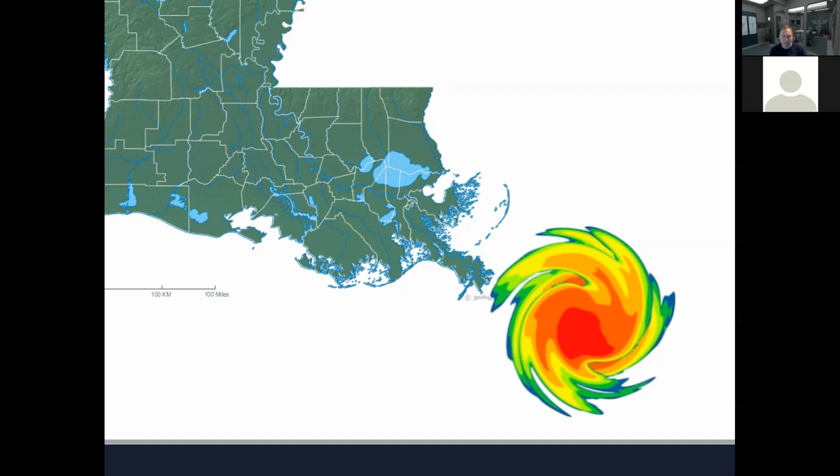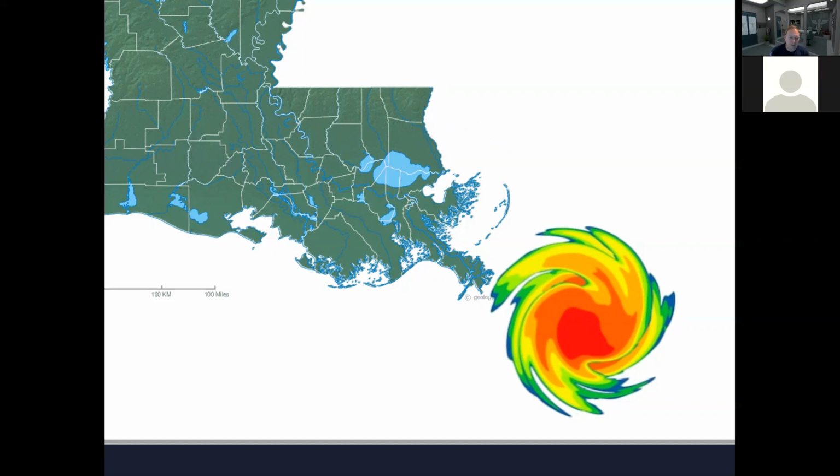There's another thing that can also be a part of this to make matters worse, and that is, are we at high tide or low tide? Where's the moon, and where are we at tide-wise? That can also impact flooding.